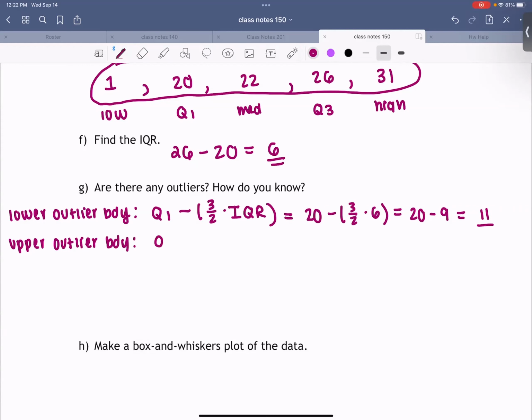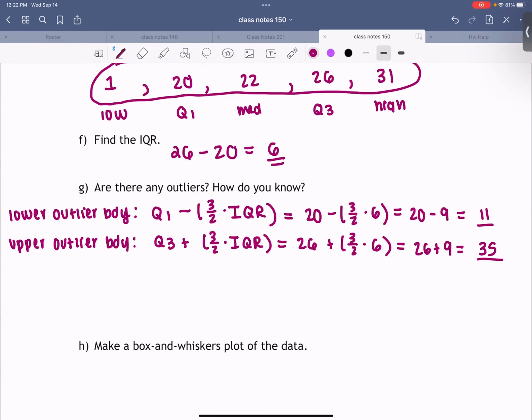Okay, and that's going to be Q3 plus 3/2 times the IQR. Okay, which gives me 26 plus 3/2 times 6. So that's going to be 26 plus 9, which gives me 35.